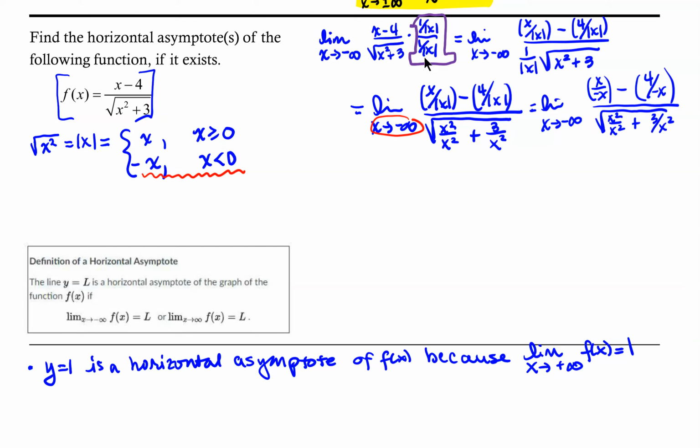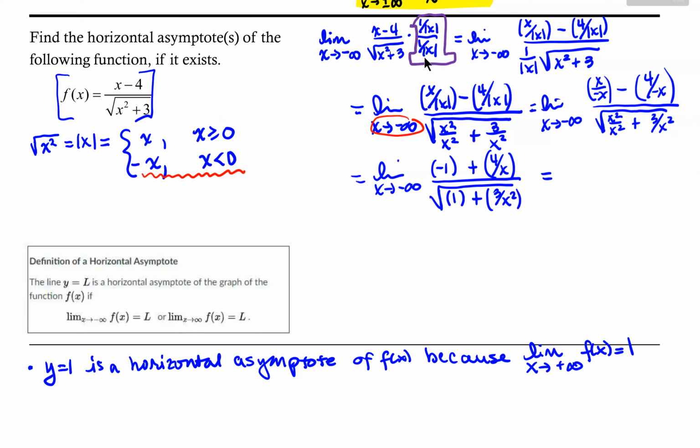Keeping in mind that x is headed towards negative infinity, so x will not be 0, we can simplify a little bit. x over negative x becomes negative 1. I've got minus and this negative x, so I'm going to turn that into plus 4 over x, divided by the square root of 1 plus 3 over x squared.